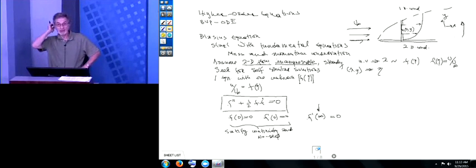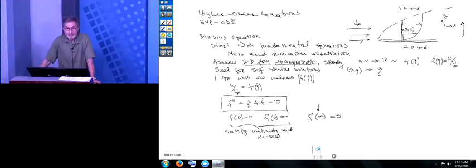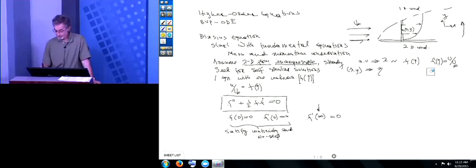Was there a question? Yeah. I'm trying to wrap my head around the second boundary condition. Doesn't that f prime state that the velocity doesn't change at the wall? Yeah, the velocity doesn't change at the wall. That's correct. But the gradient of the velocity will change at the wall. The slope of the velocity is huge. The slope of the velocity is f double prime.